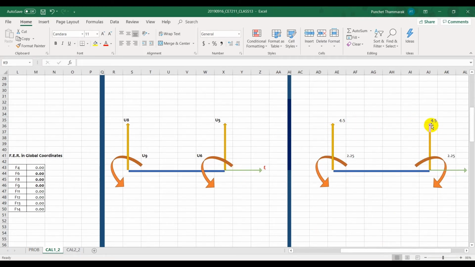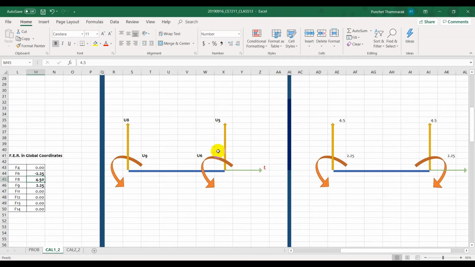This is associated with degree of freedom number 5, which is not listed over here, so we don't care. We have the U8 being 4.5. We have the U9, which is going in the counterclockwise direction, which is 2.25, and the U6, which is minus 2.25.